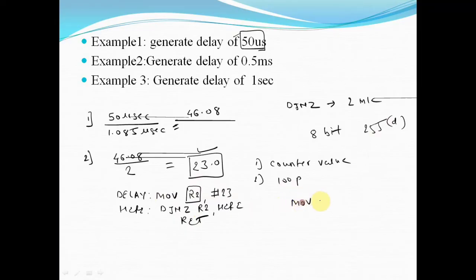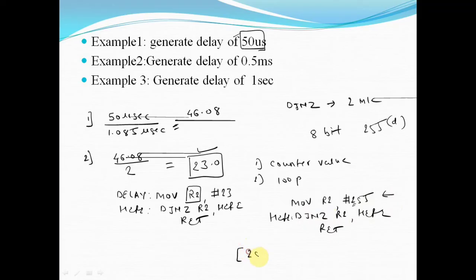So if we write MOV R2, #255 and use a DJNZ instruction and return, let us calculate the delay size. So this is 255, so DJNZ will execute 255 times, and the number of machine cycles required is 2.